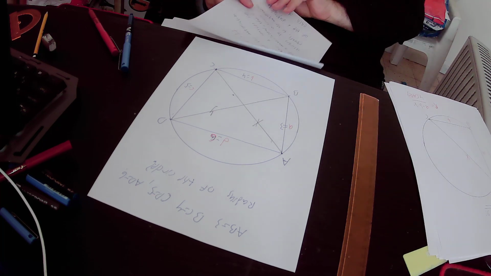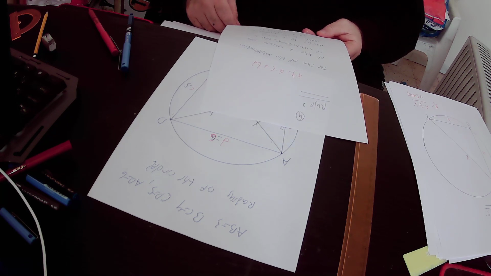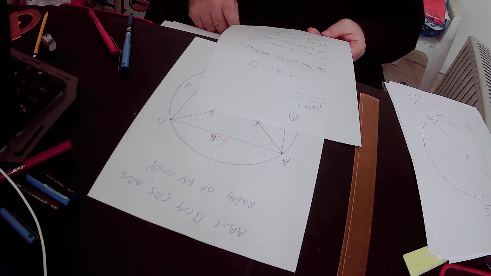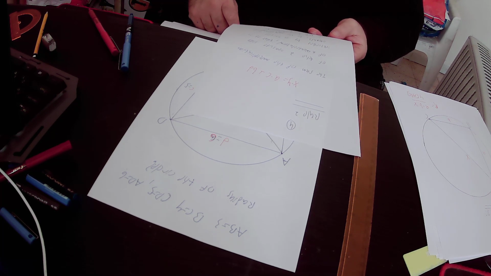According to rule number 2, the sum of the multiplication of two opposite sides of a quadrilateral that is inscribed by a circle equals the multiplication of the two diagonals by each other.